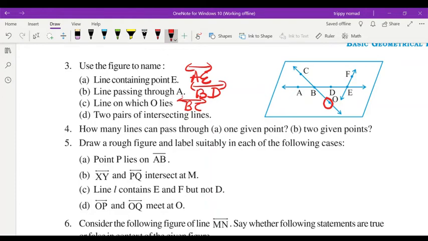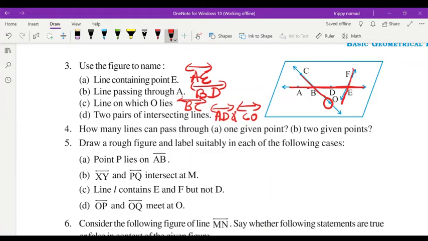Two pairs of intersecting lines. One this one and another this one. So which two pairs? AD, this one, and this one CO. So you will write line AD and CO. Another pair, AE and FE, this complete AE and this one FE.